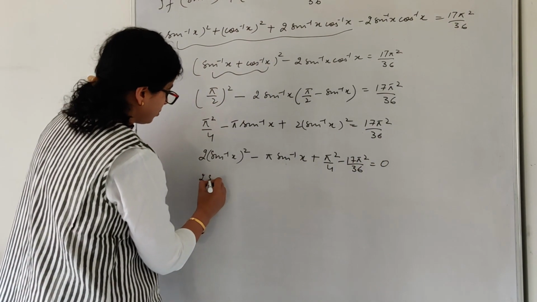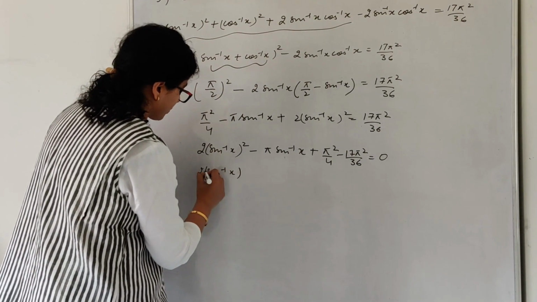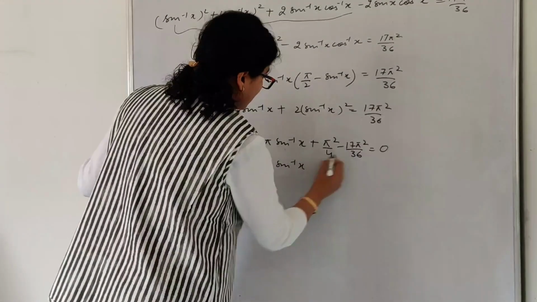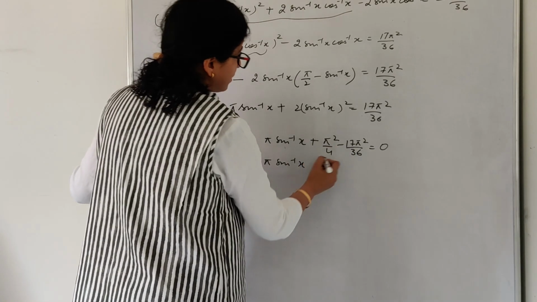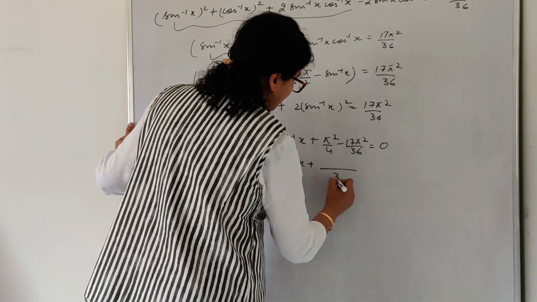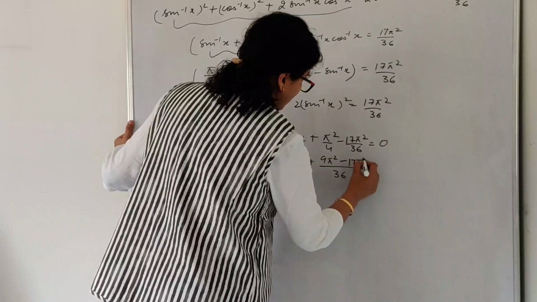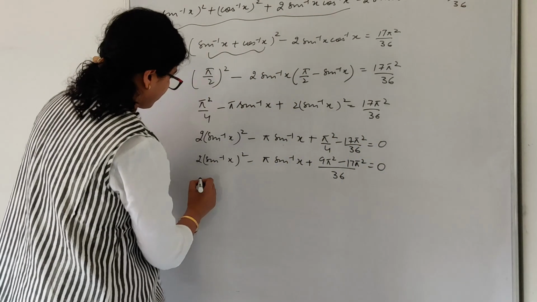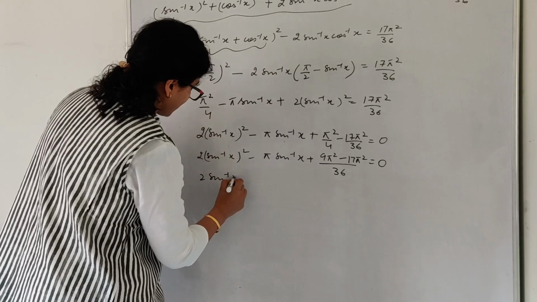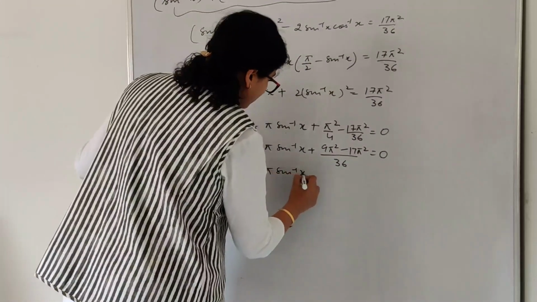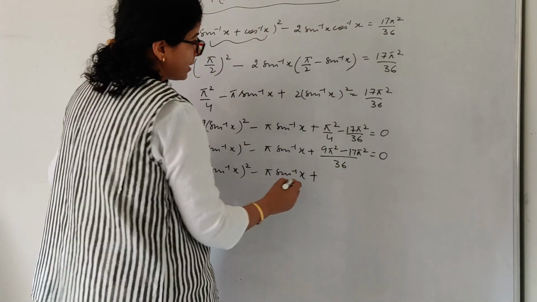So 2 sine inverse x whole square minus pi sine inverse x, and if I solve this, what am I getting? My LCM will be 36, 9 pi square minus 17 pi square equals 0. So 2 sine inverse x whole square minus pi sine inverse x, minus 8 pi square over 36.